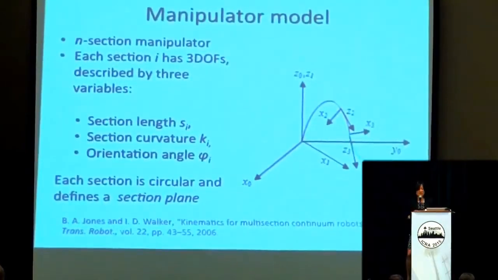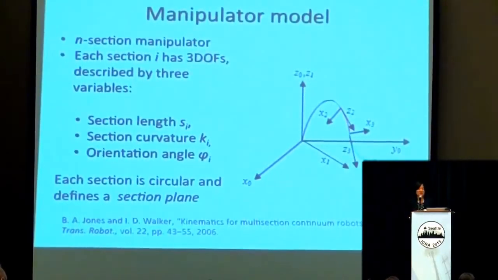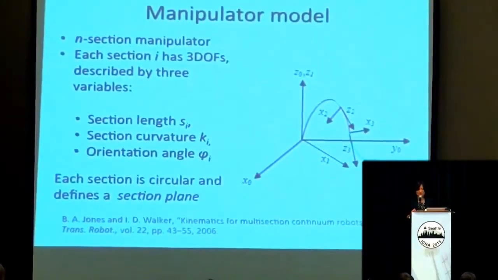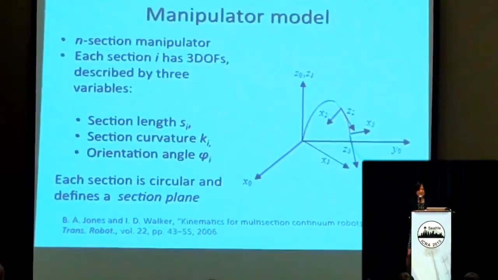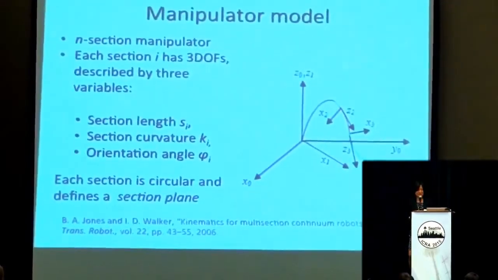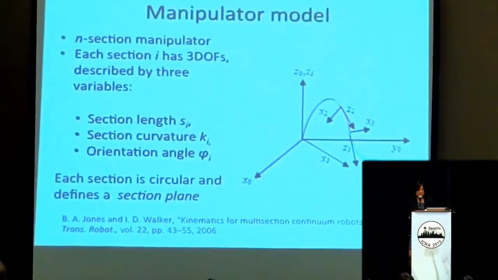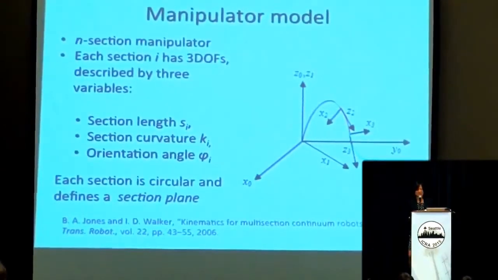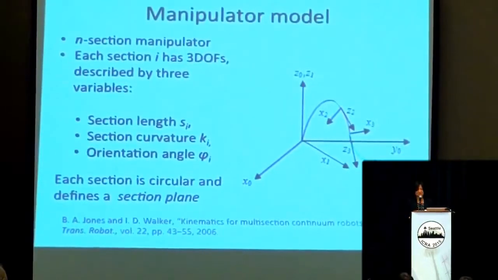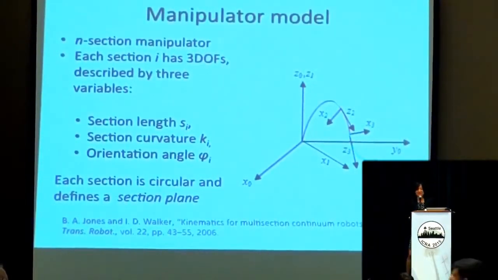So we consider a manipulator model of an N-section manipulator that tries to capture all these common characteristics. Each section has 3 degrees of freedom described by 3 variables: section length, section curvature, and orientation angle. Each of these variables may change values. And each section, as I mentioned, is circular if it's intact and defines a section plane.